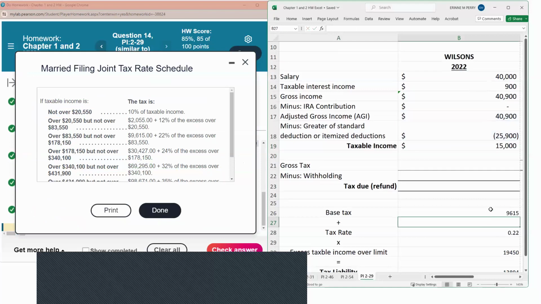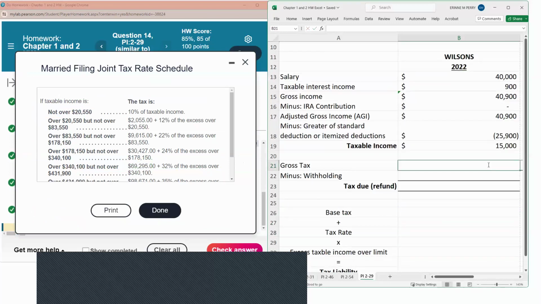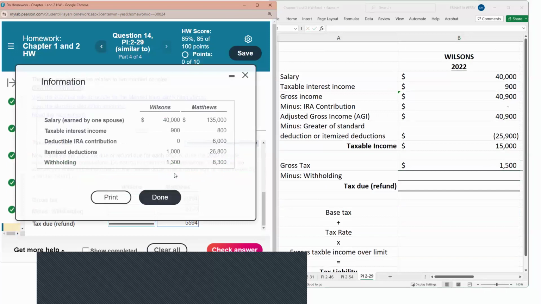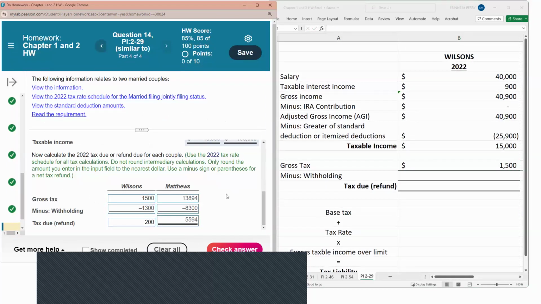Therefore, it would simply be 10% of the income. In such case, the gross tax would be $15,000 multiplied by 10%, so $1,500. They had a withholding of $1,300. So therefore, the Wilsons owe $200.